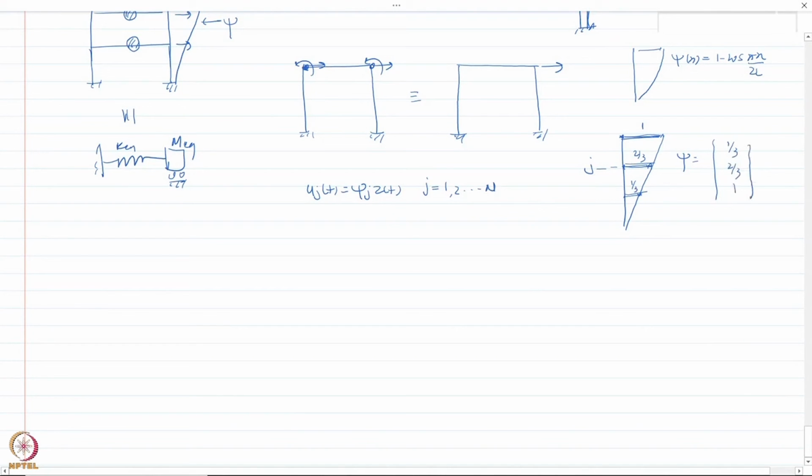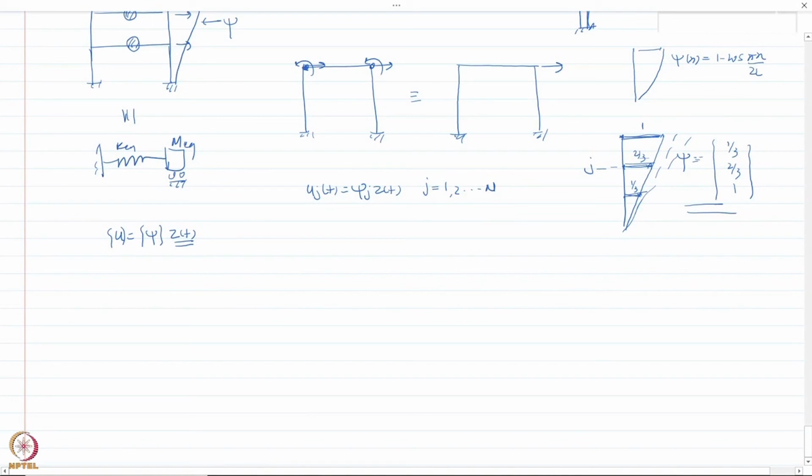This represents the shape, which says that these different coordinates, although they vary in time, would at any time instant always be in this proportion represented by this shape vector. The total deformation u at any time instance can be written as vector phi times z(t), where z(t) is just one value.